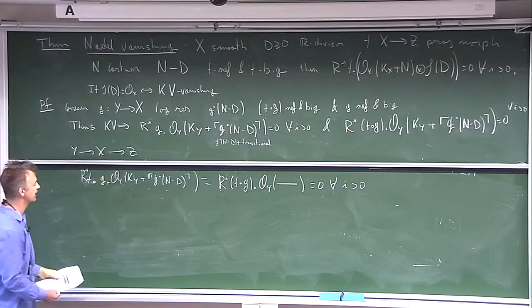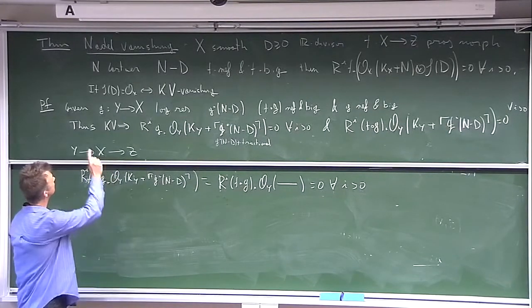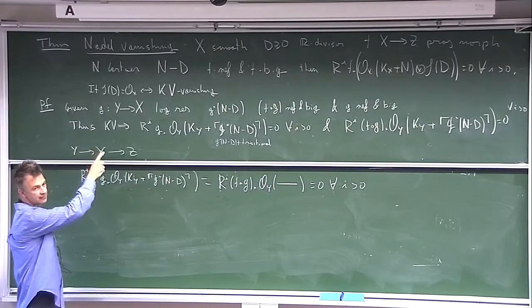Okay, so now we are going to use the projection formula. You see, N is Cartier, so it has integral coefficients.